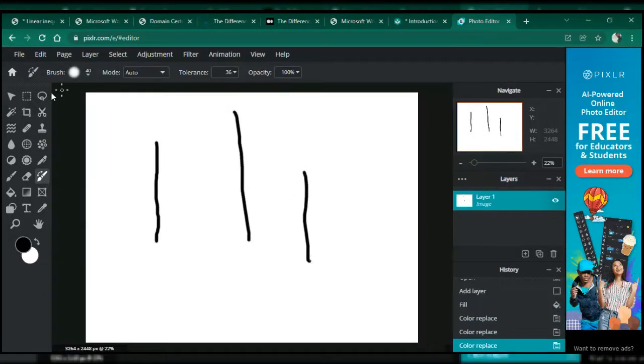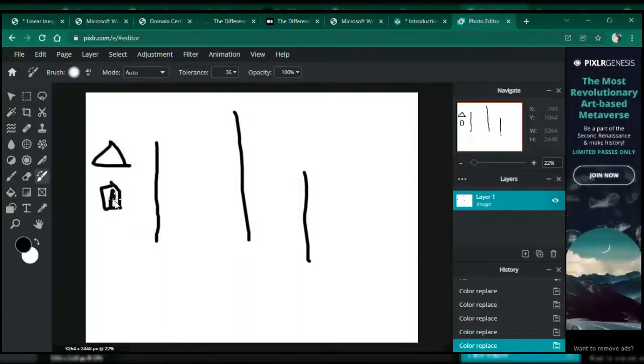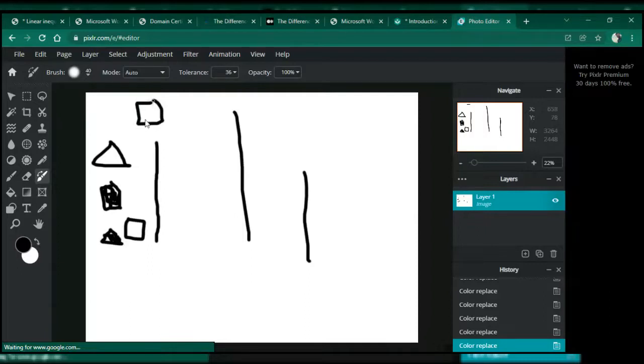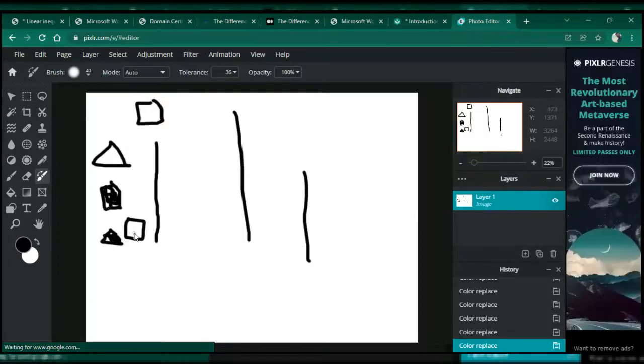So first layer, suppose I am throwing at you a square that is black in color, a triangle without any color, a triangle that is black in color, and a square that has got no color. What the first layer will determine is whether it is a square or not. It does not matter whether it is filled or empty. It will just determine whether it is a square or not.